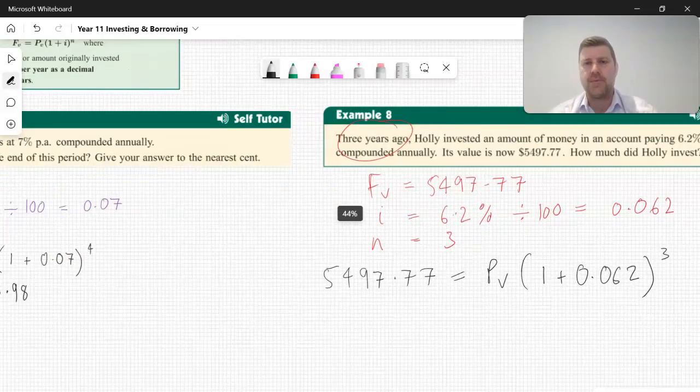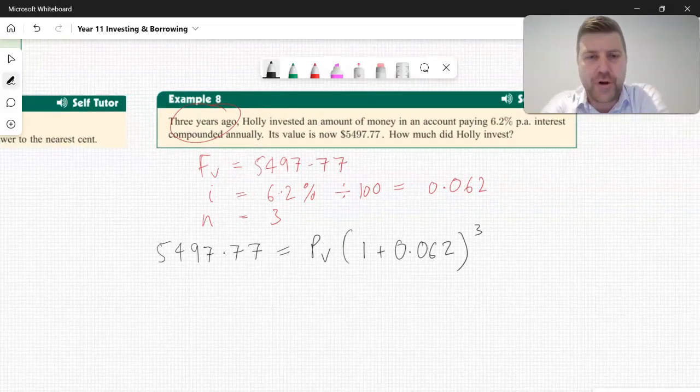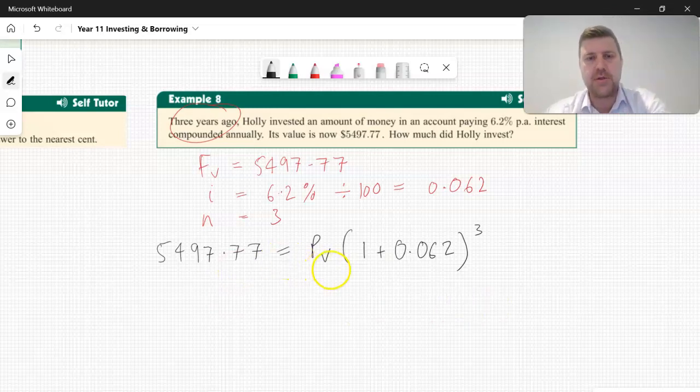In this case, I am going to use a little bit of algebra to do some backtracking, because FV is now our subject, and the unknown is on the right-hand side of the equation, and it's not isolated. So I've got to get that present value by itself, make it the subject, and remove all this other stuff from the right-hand side.